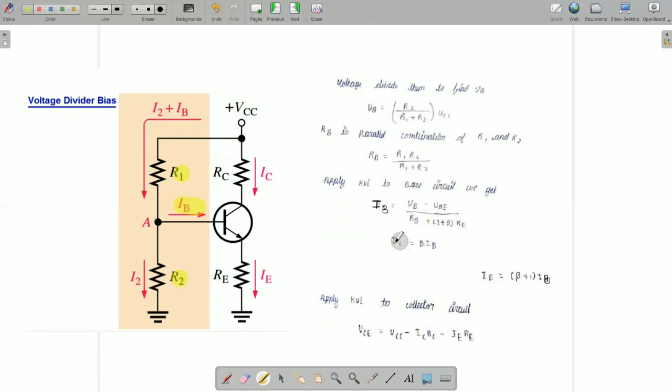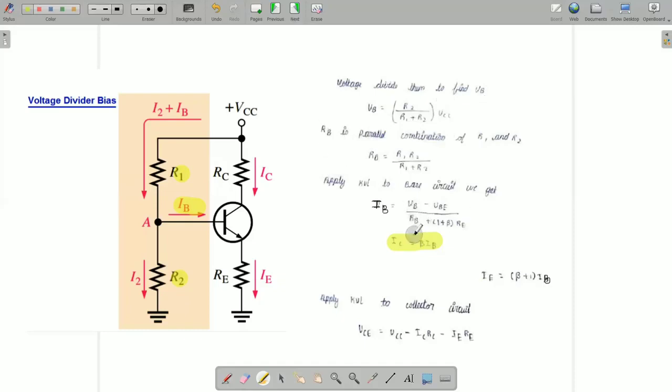Here we are going to find IC, where IC is equal to beta IB. Applying KVL to the base emitter circuit, we get IB equal to VB minus VBE divided by RB plus (1 plus beta) RE. We can find VB by the voltage divider theorem. As R1 and R2 form a voltage divider, VB is equal to R2 by R1 plus R2 times VCC.